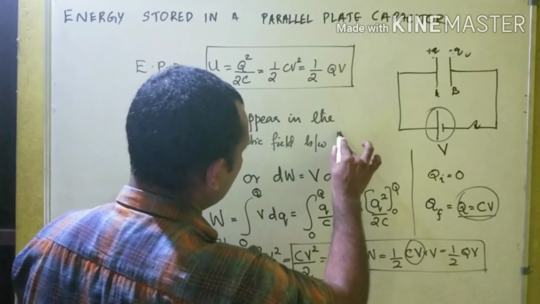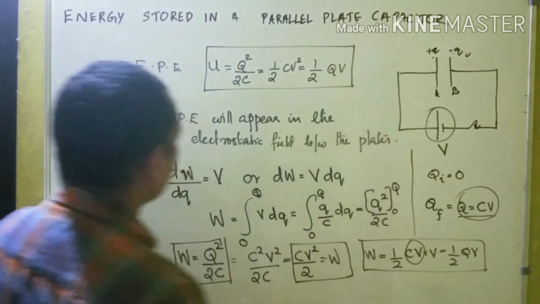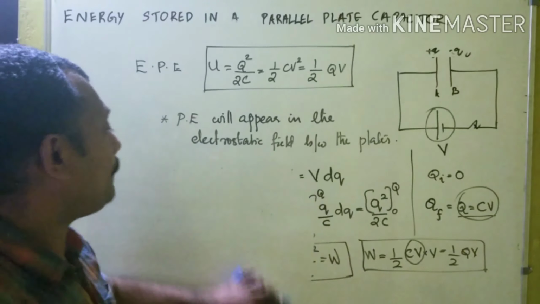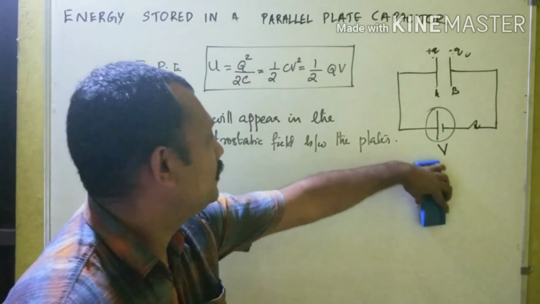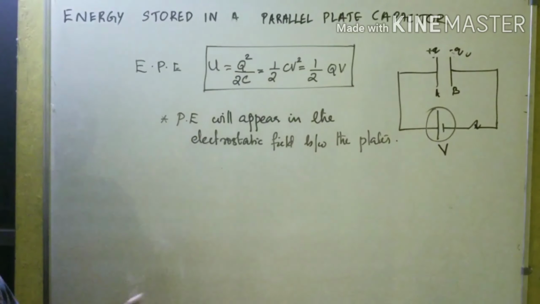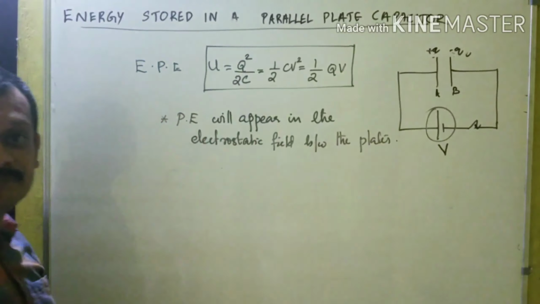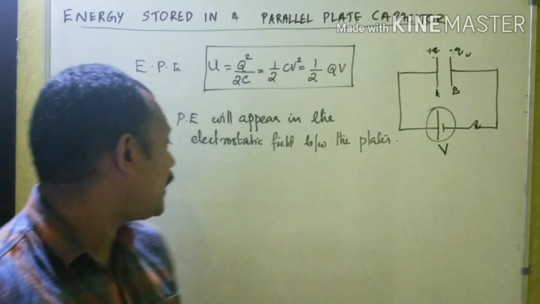This potential energy will appear in the electrostatic field between the plates of the parallel plate capacitor, and this concludes the derivation of energy stored in a parallel plate capacitor.